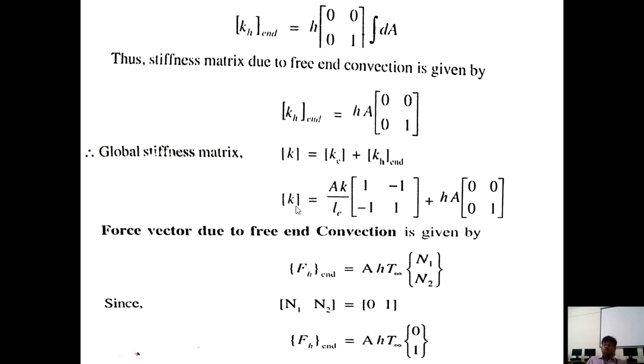I should know both the stiffness matrix as well as the load vector for free end convection. So for stiffness, HA into [0 0; 0 1], and for force, A H T infinity into [0; 1].